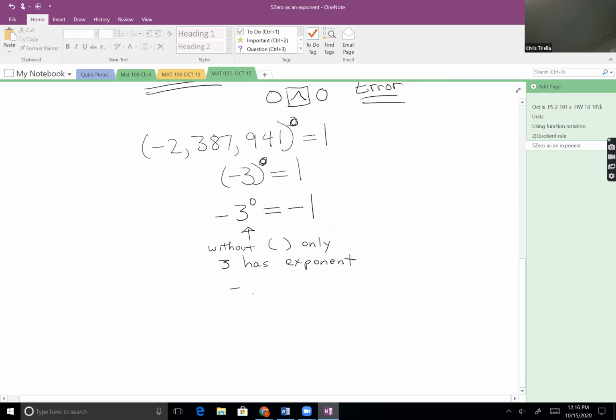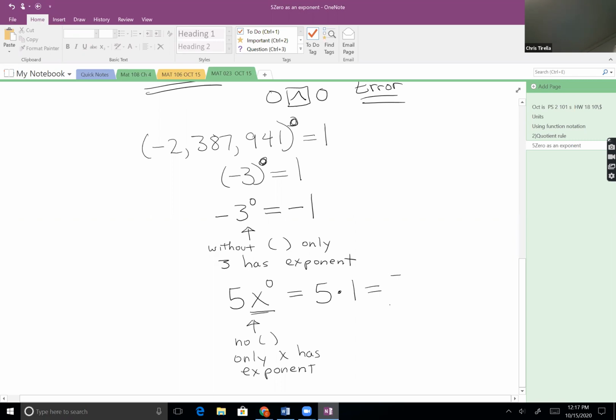Likewise, if I have something like 5x to the 0, because there's no parentheses, only the x has the exponent. And so only the x to the 0 is 1. So that's 5 times x to the 0, which is 1.